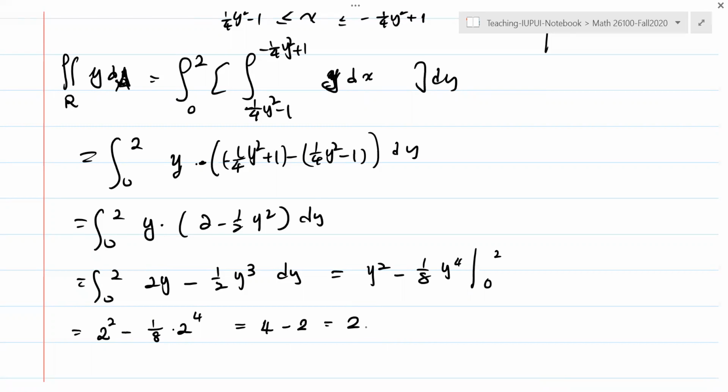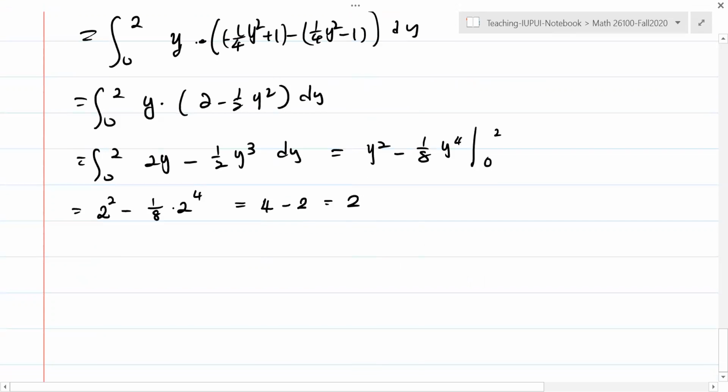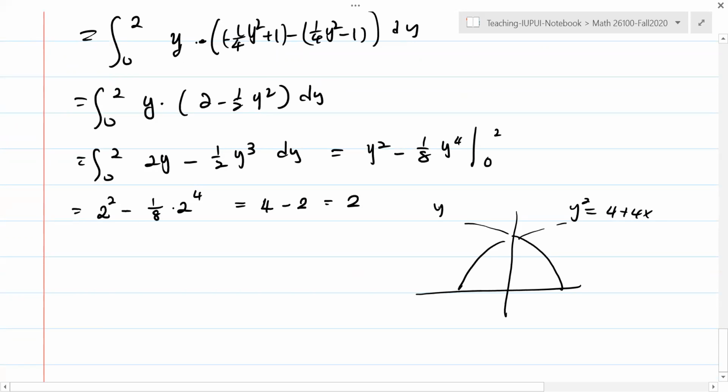All right. So I'm going to do this problem in a slightly different way. Okay, let's try this. Here is y squared equals 4 plus 4x. Here's y squared equals 4 minus 4x. Now, don't ask me how to get this, right? I'm going to consider this transformation.